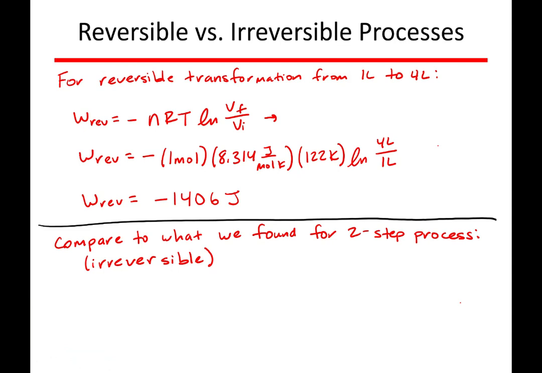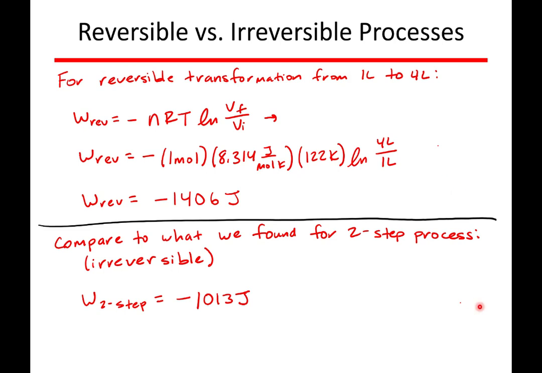Now, we calculated that for this irreversible process, so we could say W for the 2-step process was negative 1,013 joules. And what we see is exactly what was predicted earlier when we were just looking at the graphs and comparing the shapes of the graphs and the area under the curves that we were looking at.